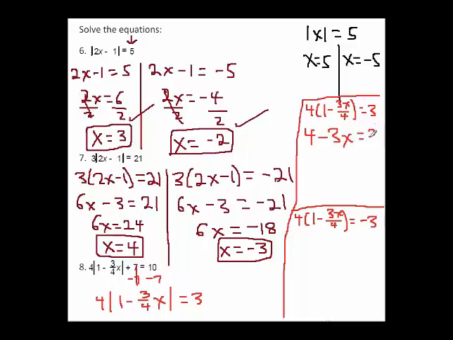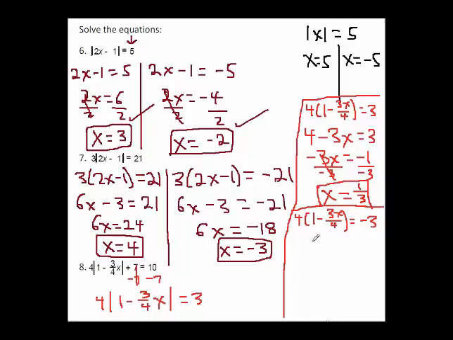And you're left with a 3 on this side. Once you have that, isolate the 3x by subtracting 4 from each side. That gives you the negative 3x term, and on this side it gives you 3 minus 4, which is negative 1. Divide each side by negative 3 to isolate the x, and you've got x equals negative 1 divided by negative 3, which is positive 1/3. Of course, a negative divided by a negative is a positive.